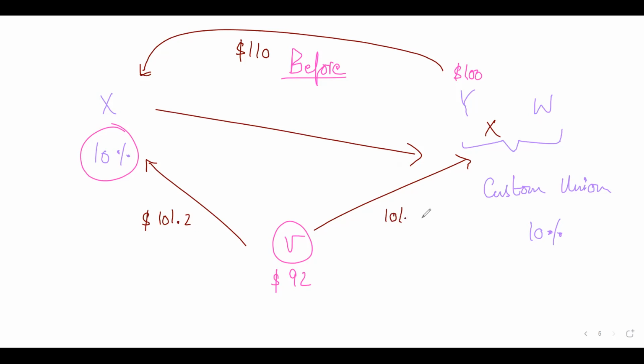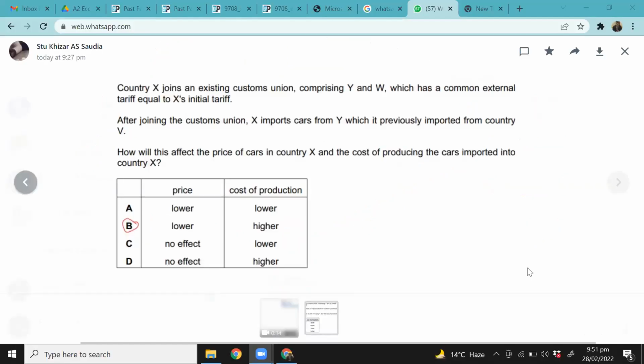Previously, X imported cars from V and the total price X consumers had to pay was 101.2. Now they're importing from Y and the total price they have to pay is $100 only because there's no tariff. So before, the price was higher; now after joining the customs union, the price is lower. Yes or no? Easy.